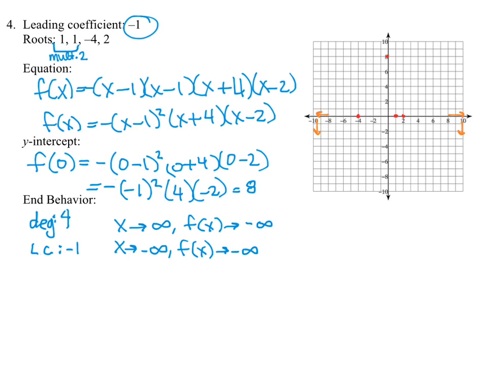So when I graph this, I come from the bottom, go through my x-intercept, come up, go down through my y-intercept. At x equals 1, because I had multiplicity 2, I touch but don't cross through. And then at 2, which had a multiplicity of 1, I just cross through.